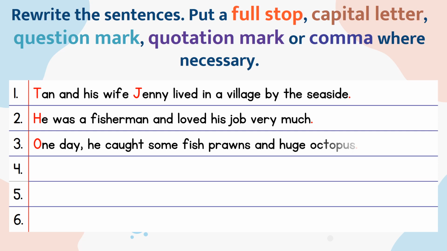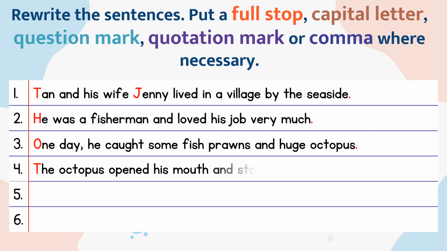Number 3: One day he caught some fish, prawns, and a huge octopus. What should you put? At the beginning of the sentence, you put a capital letter, which is the O. Then at the end of the sentence, you put in the full stop. What else is missing? Can you figure it out?